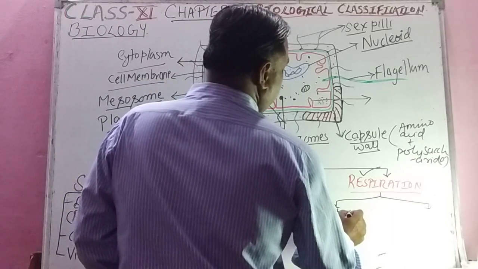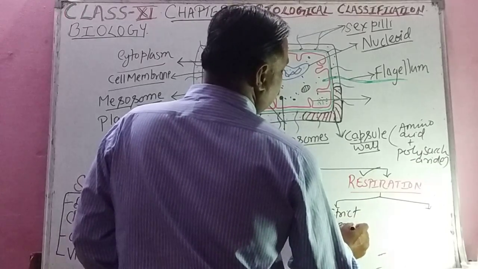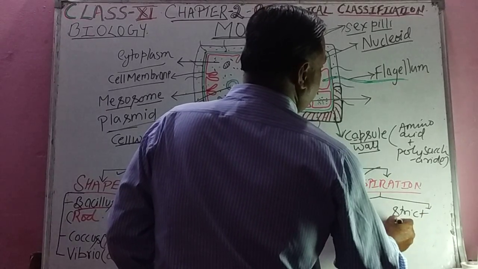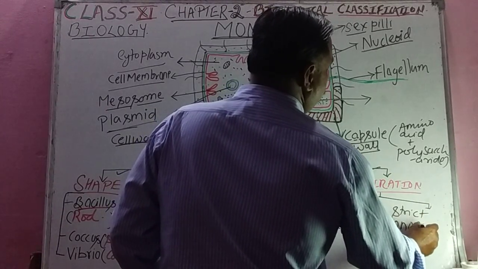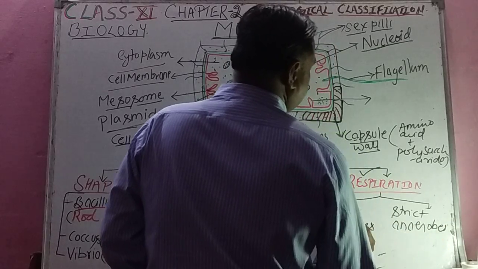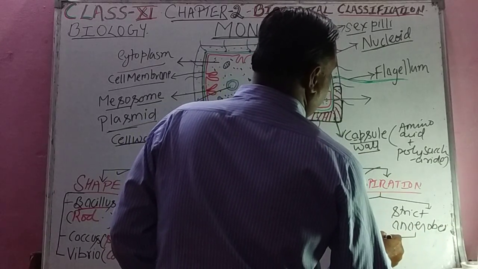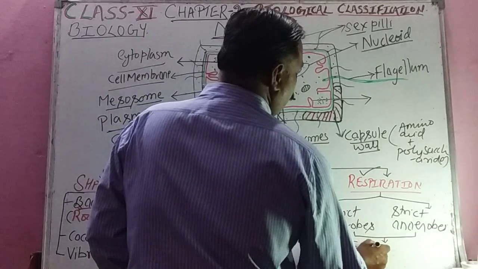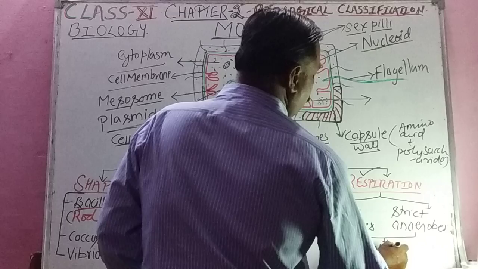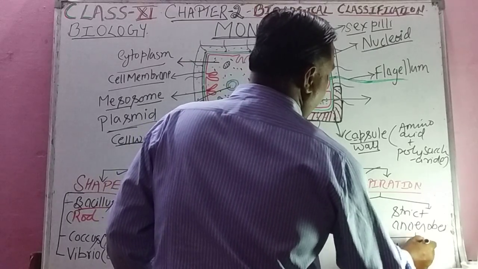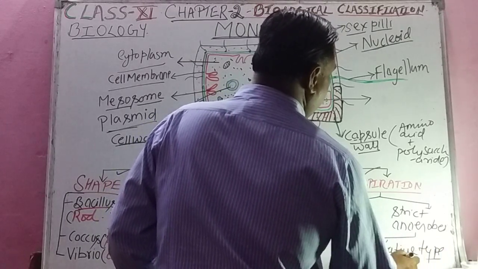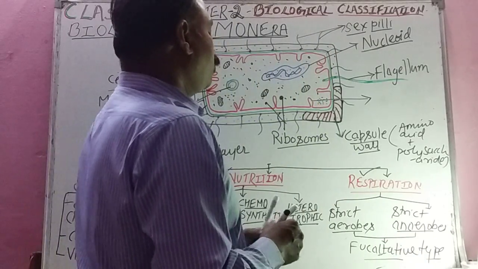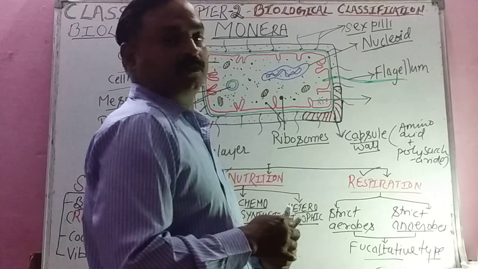They are either strict aerobes, aerobic bacteria, or strict anaerobes. Students, sometimes some Monera or bacteria have both the features, then they are called facultative. Facultative type, because they exhibit both the characters, strict aerobes as well as anaerobes. They can live in both environments, isn't it?